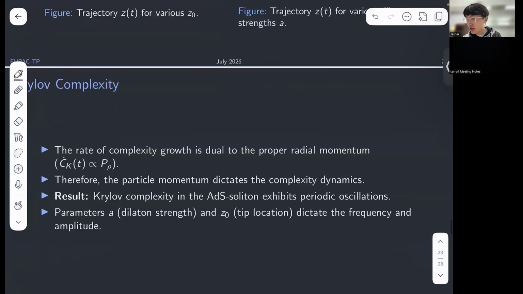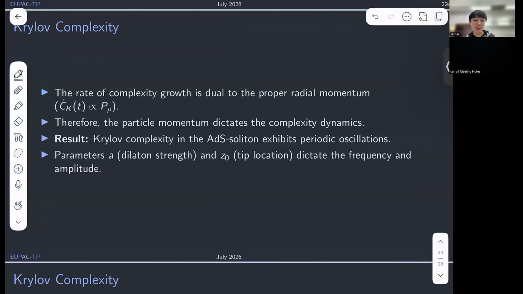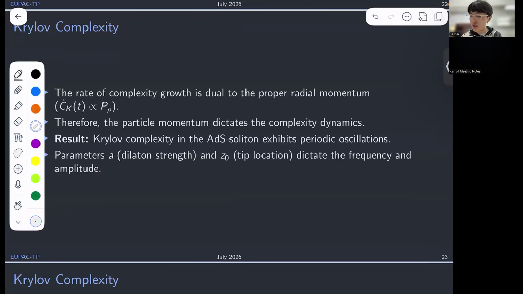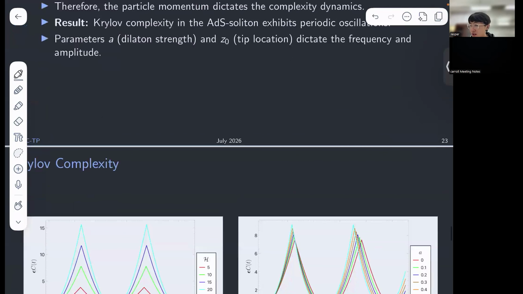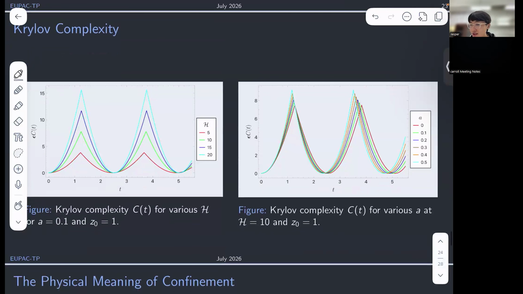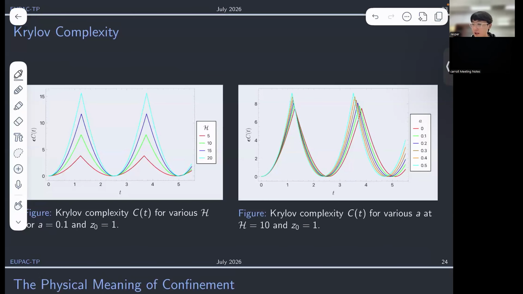So coming to Krylov complexity, we exploit this conjecture and try to determine what is the complexity from the momentum that we have obtained above. So this is the result that we have, the value of the complexity.